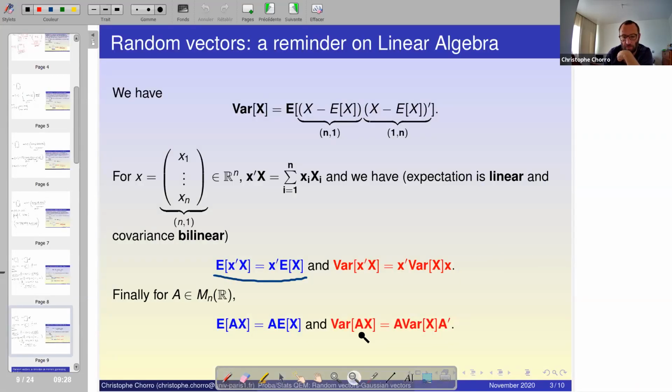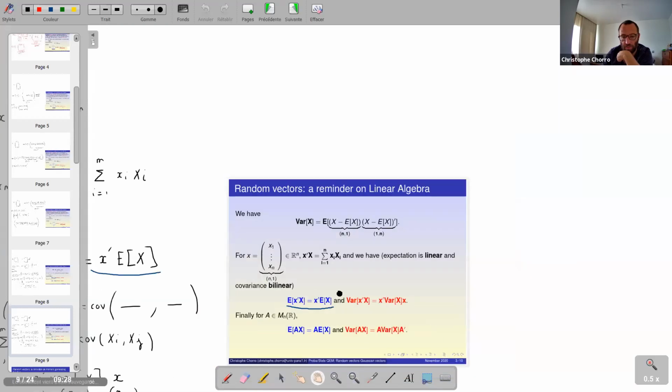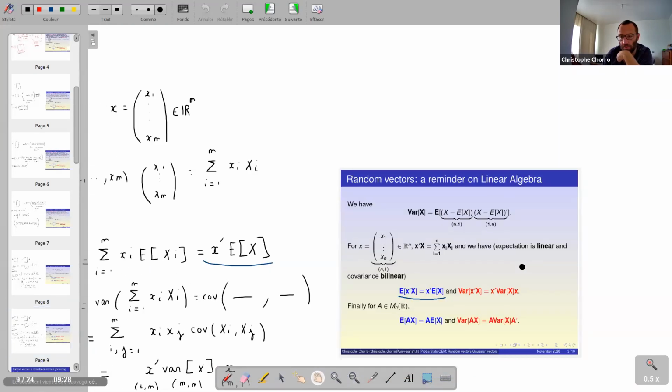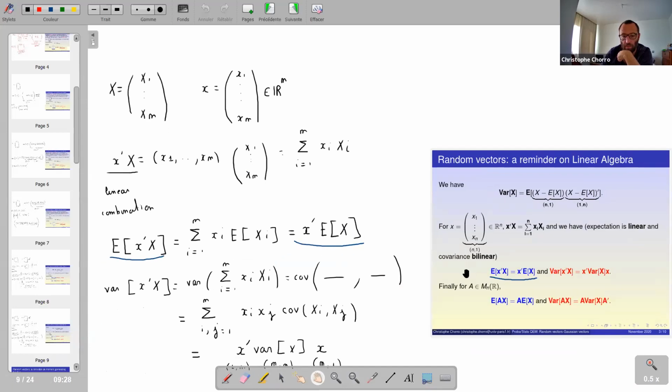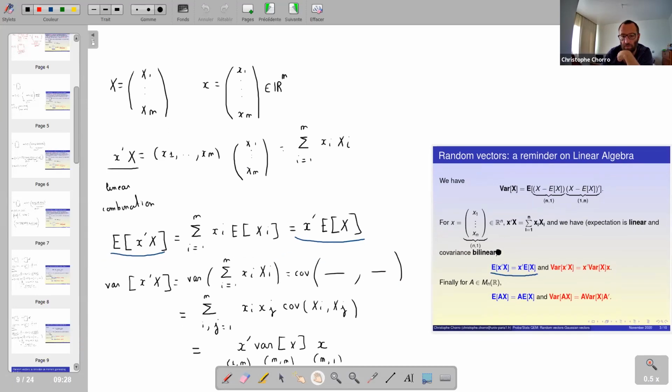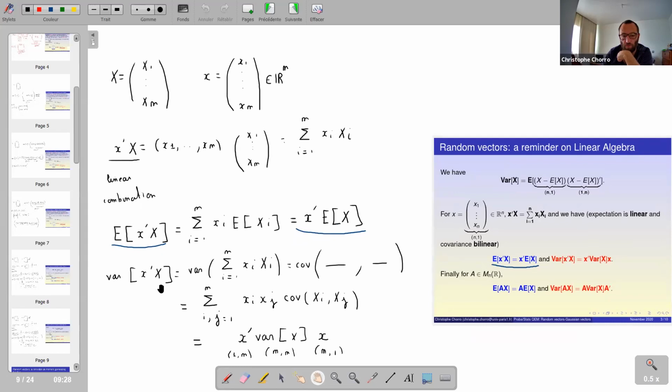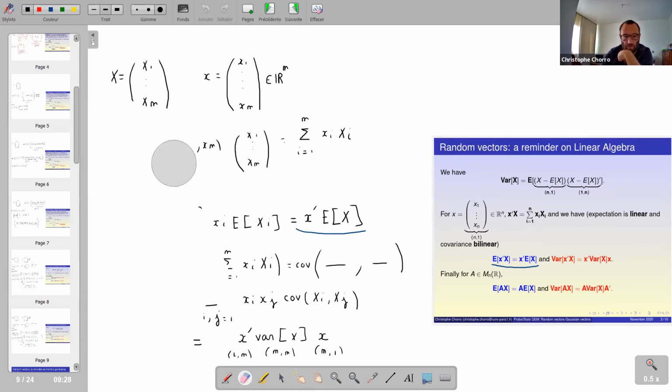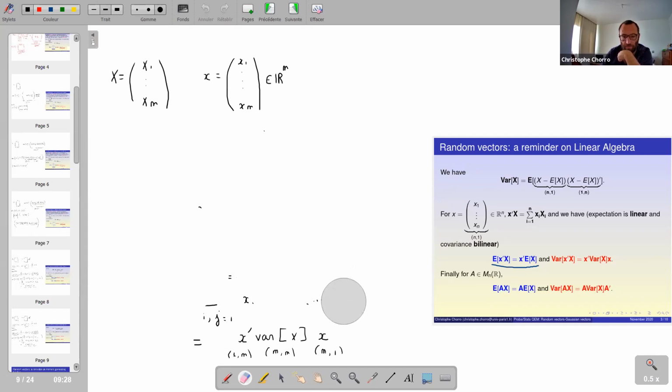So just a remark on this point once again. If it's not that clear for you, you can also think about what I have proved previously. Previously we have seen that the variance can be expressed this way.